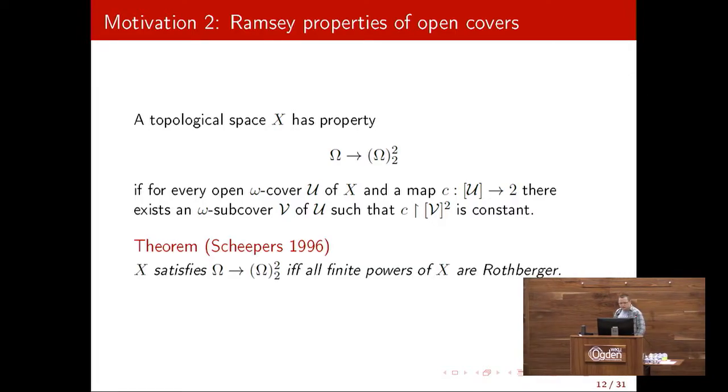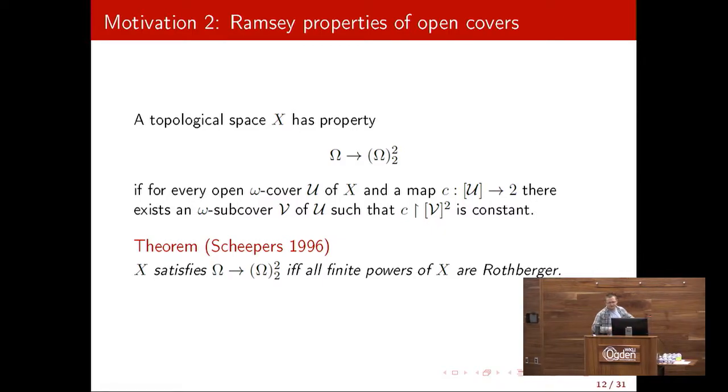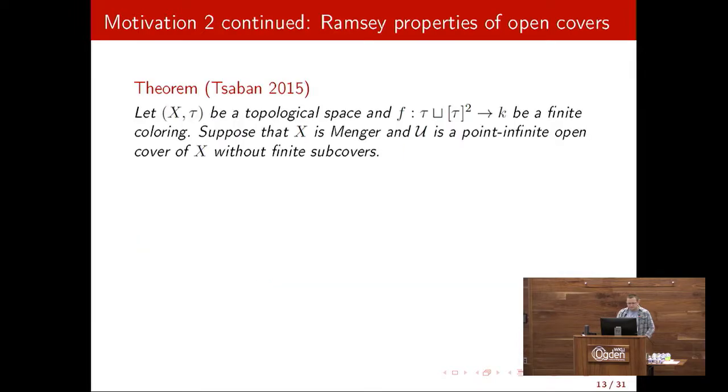And then Scheepers proved that the space satisfies this property if and only if all finite powers of X are Rothberger. And this is just the beginning of that. There are many more results in this direction by Scheepers and many other people.